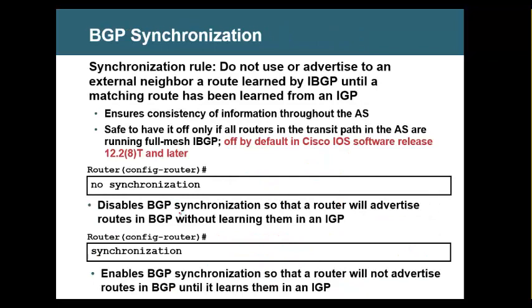All right. So next is about the BGP synchronization rule. This is actually off. Earlier it was on, but after 12.2 and later versions, none of the routers today has this issue.